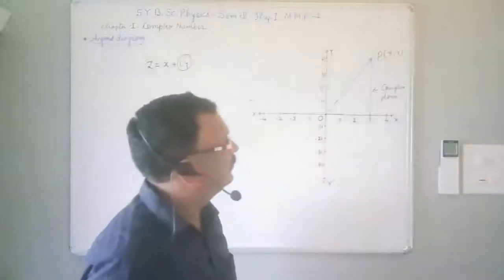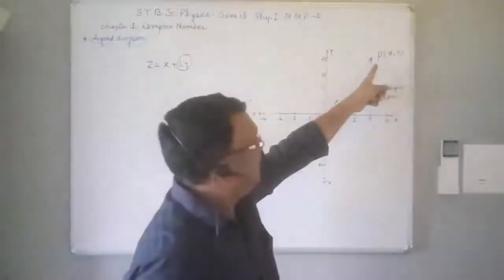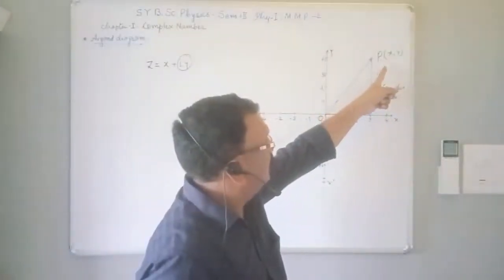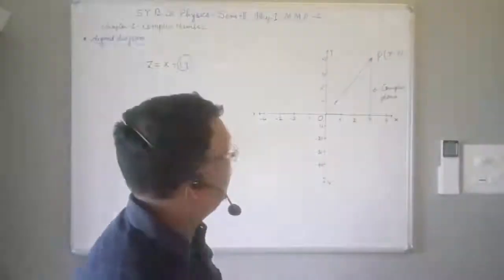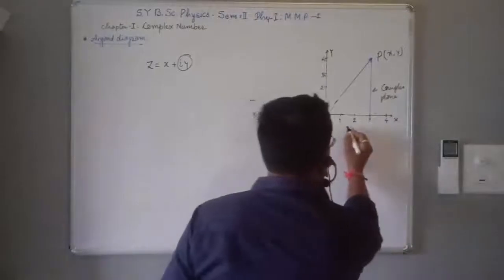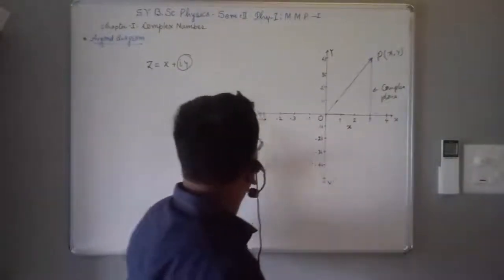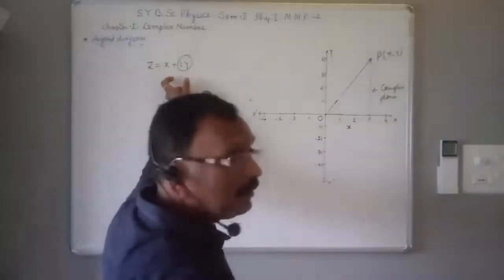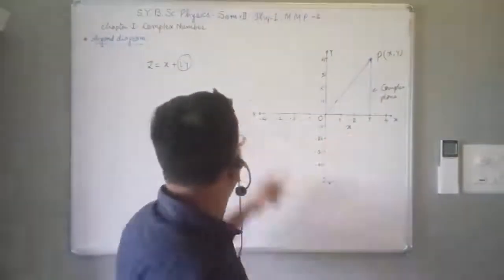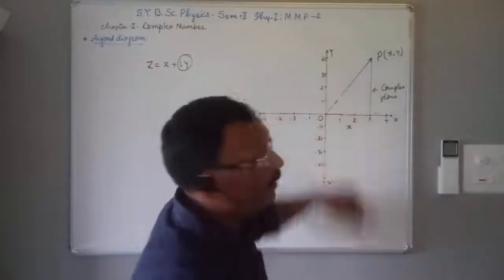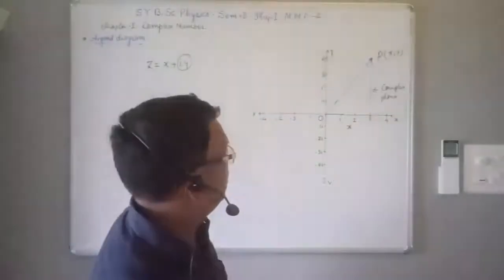In figure, point P of xy represents the complex number z equals x plus iy, where x is the real part which is plotted along x-axis, and iy is the imaginary part which is represented on y-axis.